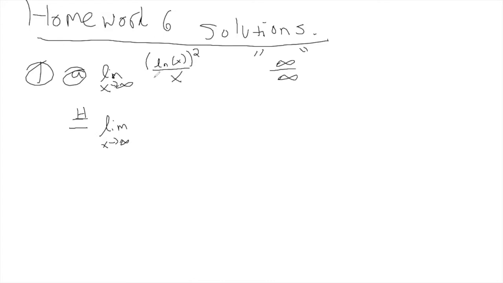So I apply chain rule to the top, which is 2 ln x times the derivative of the inside, which is the derivative of ln x, or 1 over x. Derivative of x, that's something we're certainly comfortable with by now. That's just 1.